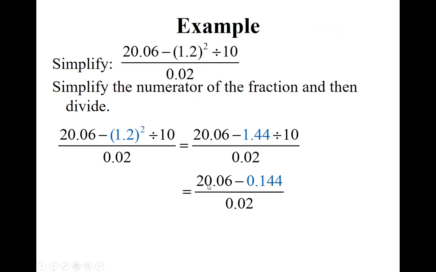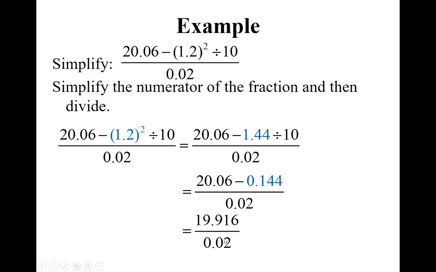And now we subtract 20.06 minus 0.144. Line up the decimal point, fill in a placeholder 0, so it's 0.060. When we subtract, we get 19.916 over 0.02.